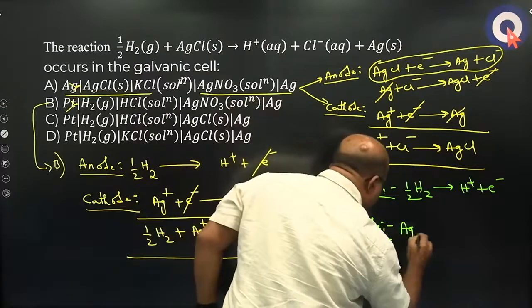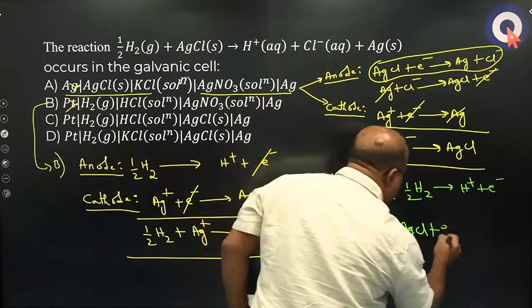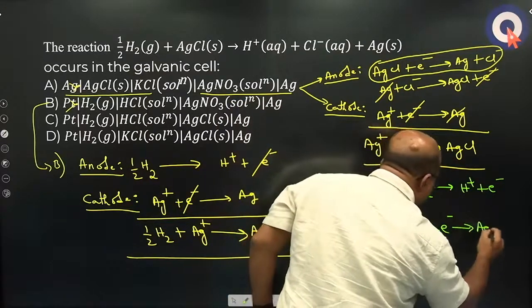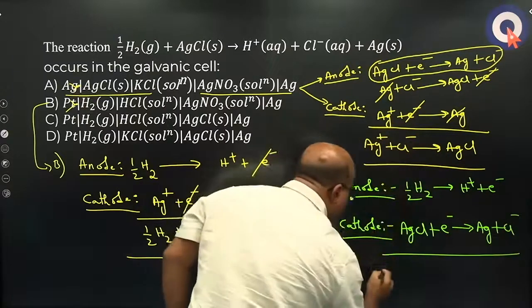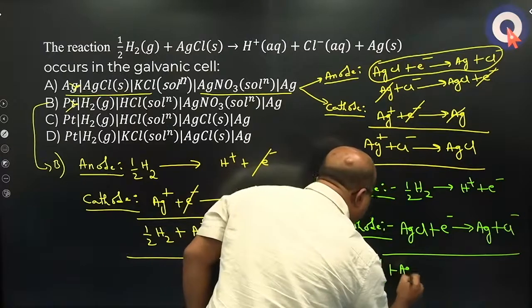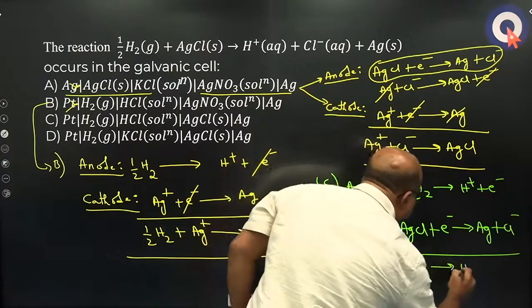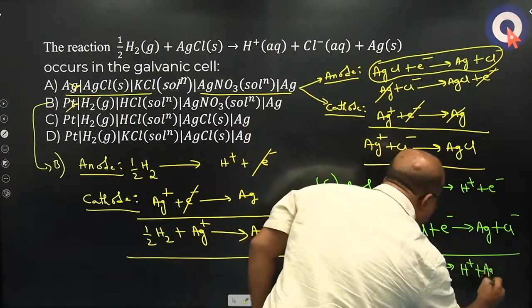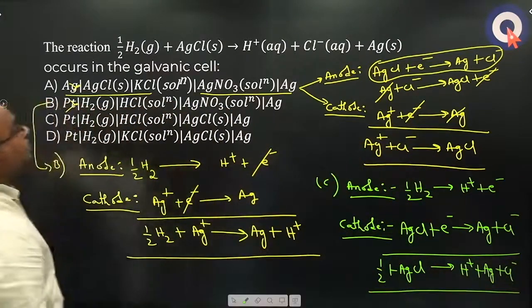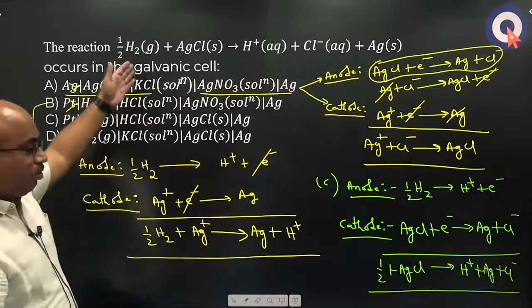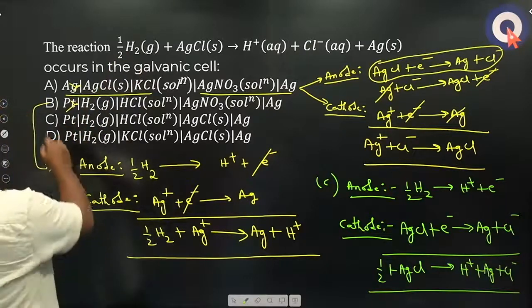So AgCl plus electron giving Ag plus Cl minus. So what is the cell reaction? Half H2 plus AgCl is giving H+ plus Ag plus Cl minus. Clear? So this is our cell reaction that we require. So this is our option.